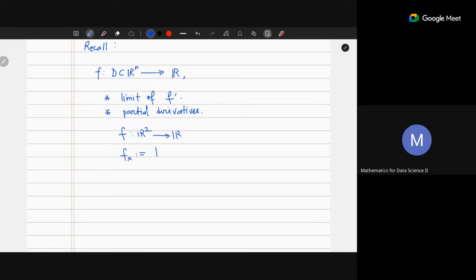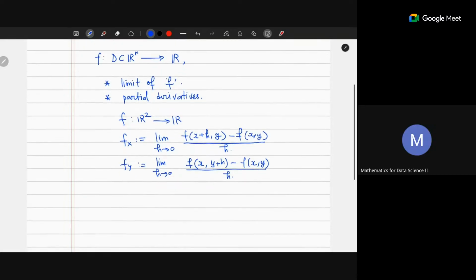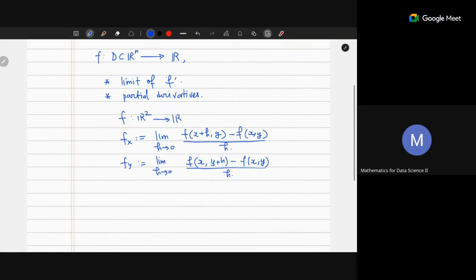So fx is defined to be the limit as h tends to 0 of f of x plus h comma y minus f of x comma y, divided by h. And similarly, fy is defined to be the limit of the function f in the direction of coordinate y. All right. So this is for a function of two variables.